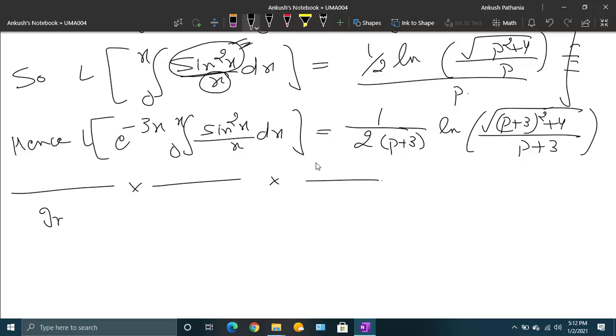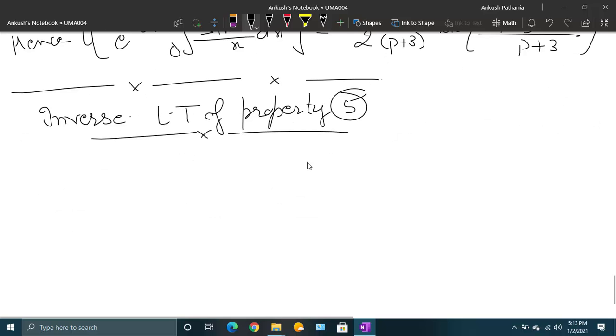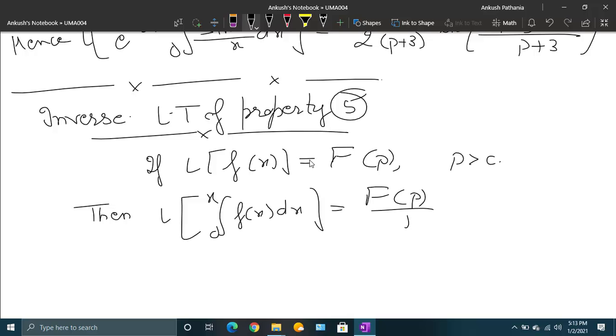Now I am coming to the inverse Laplace transform of property number 5. So if the Laplace of f(x) is equal to F(p), where p is greater than c, then by property number 5, the Laplace of the integral from 0 to x of f(x) dx is equal to F(p) upon p.